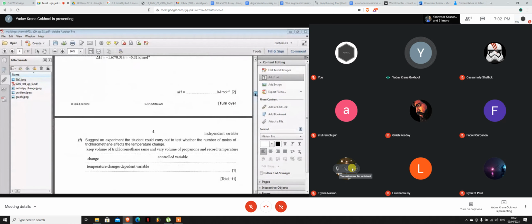Keep the volume of propanone the same and vary the volume. What is the number of moles?